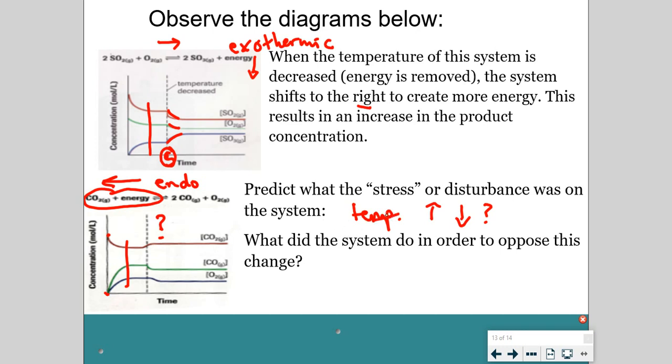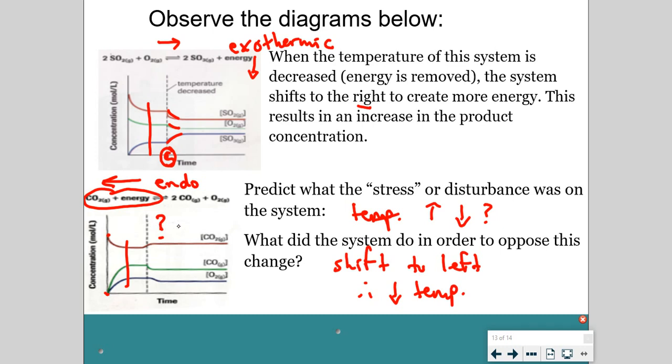So it looks like it's shifting to the left, therefore a decrease in temperature, to produce more energy because of that decrease in energy as your stressor.